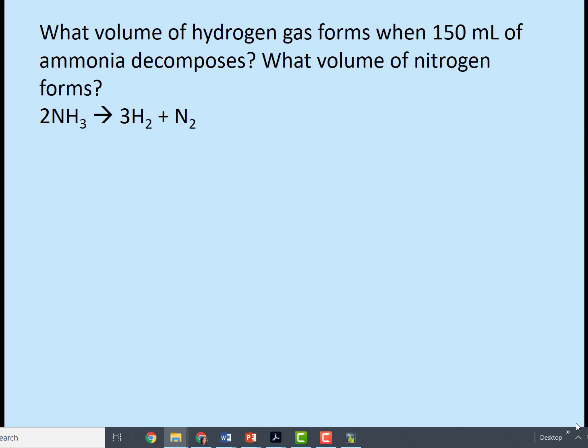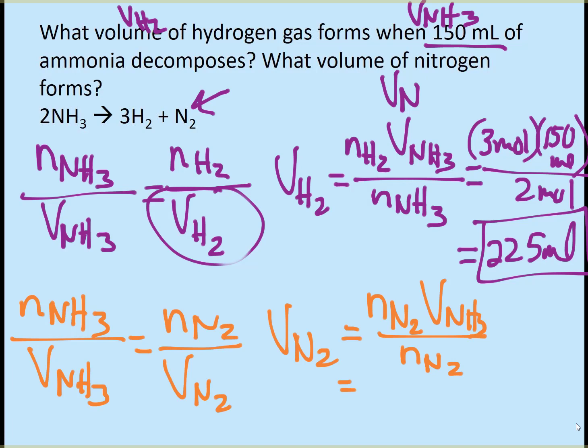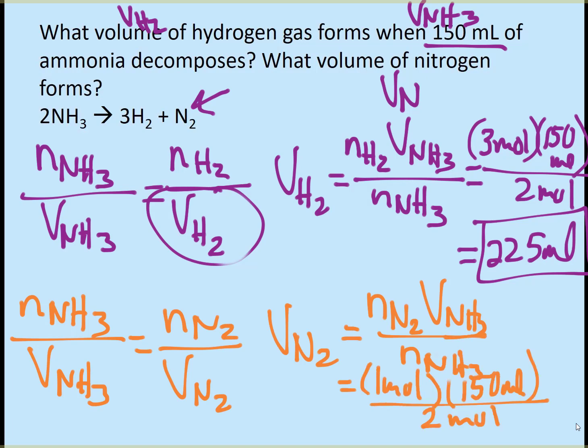So this time we again are going to have our ammonia that we know here. And we're going to look at the nitrogen now. Let's plug our numbers in. And my final answer I get is 75 milliliters.